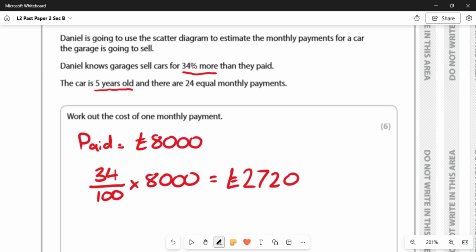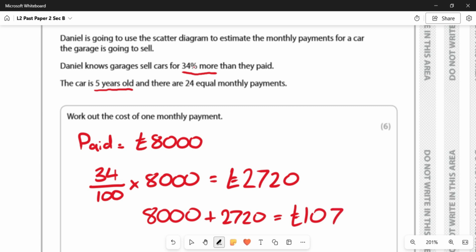And because it's 34% more, I need to add that on to the 8,000. So 2,720 plus 8,000 gives me £10,720. So that's the total amount that he needs to sell the car for.